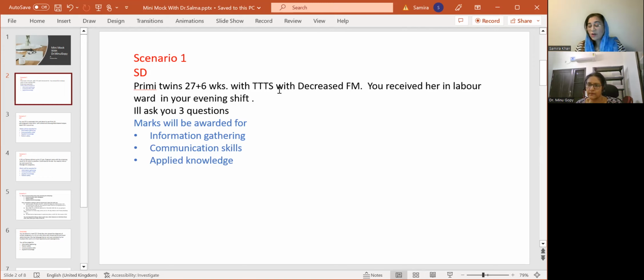You asked all about her. You wanted to review the file, when she received her last treatment, when the last scan was done, how was her Doppler, and what is the plan written by the fetal maternal team, and if any treatments were done or not. I think you have gathered the information.